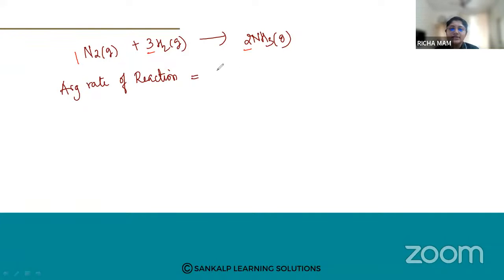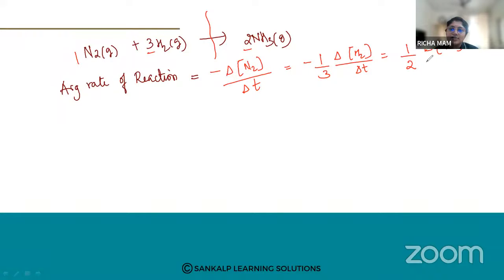So it is minus delta N2 by delta T, is equal to, on the reactant side we have to mention minus everywhere, so minus 1 by 3 delta H2 by delta T, is equal to plus 1 by 2 delta NH3 by delta T. Got it?